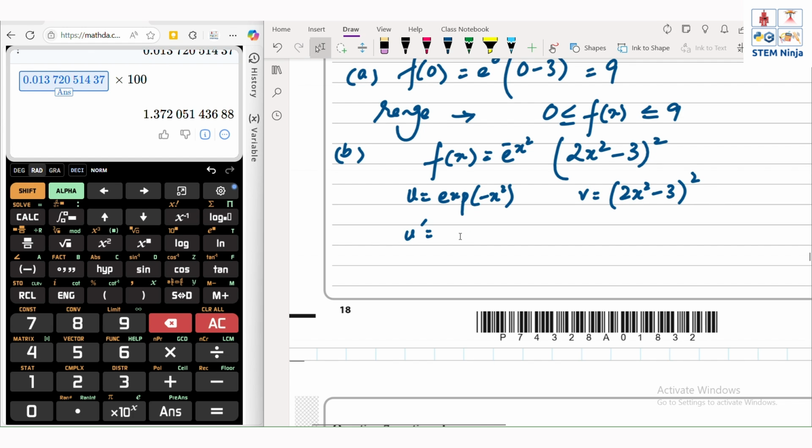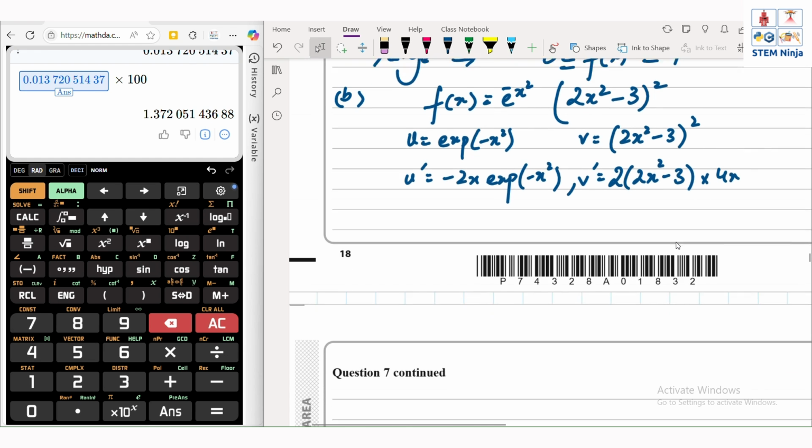So u prime would be minus 2x e raised to power minus x squared. V prime, on the other hand, first we reduce the power, 2x squared minus 3. Then we multiply by the derivative of 2x squared minus 3, that would be just 4x. So 8x times by that.